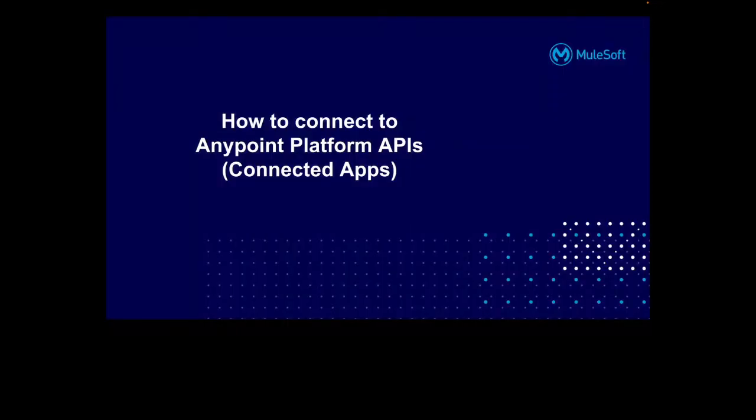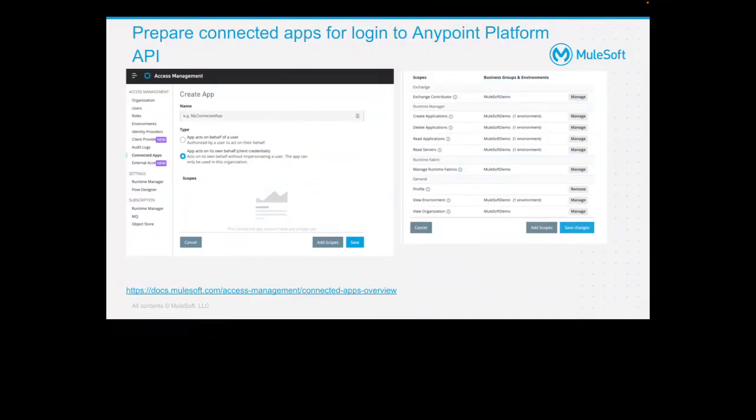In our example today, we will be using the connected app, and we'll use that connected app to get the auth token. Okay. And we'll use that auth token to make the deployment. So when you create a connected app in any point platform, all that you need to do is go to your access management. Okay. And then go to the connected app option and go with the option 2 which says apps act on behalf of.